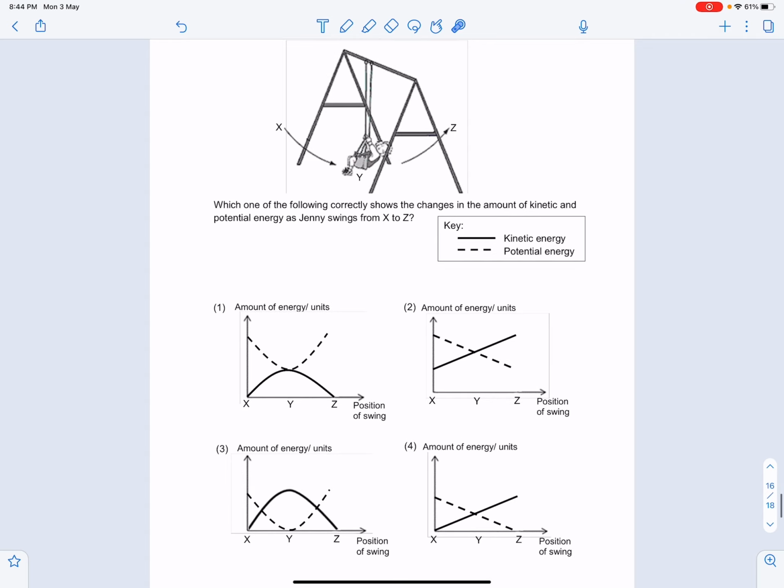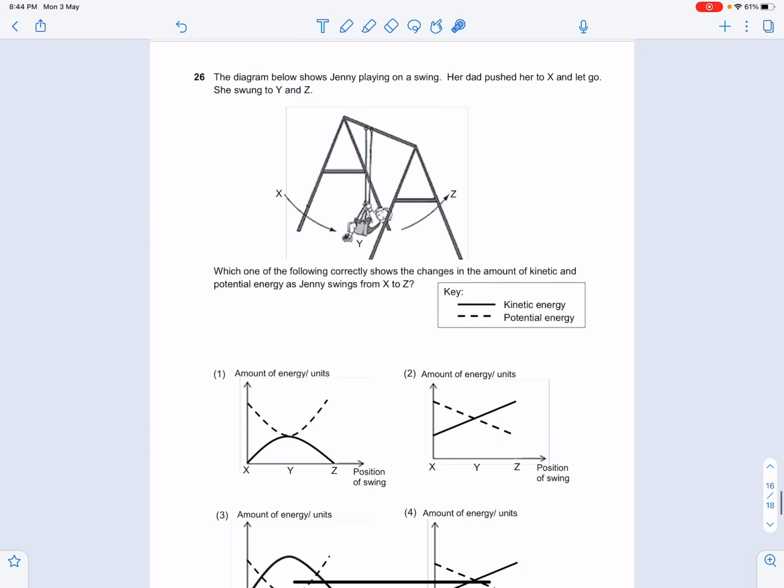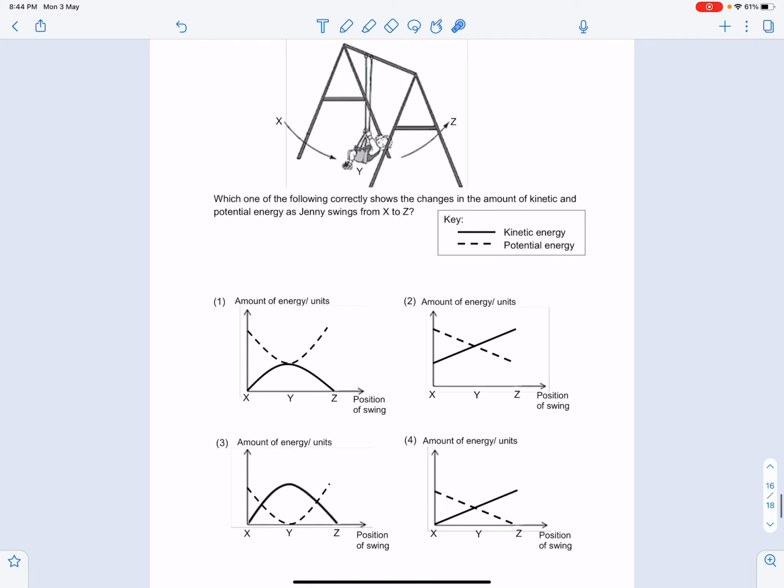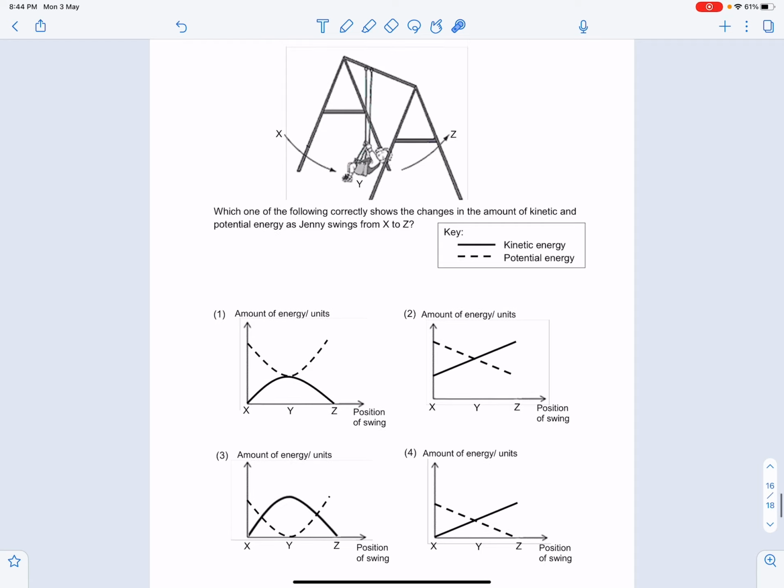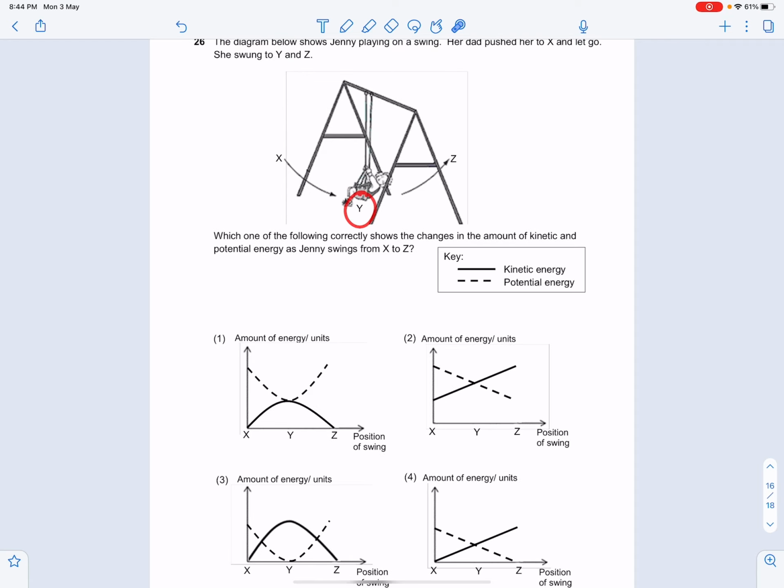And then for my kinetic energy, from X to Y and then to Z, my kinetic energy needs to peak at Y, because that's where all the potential energy will be converted to kinetic energy.